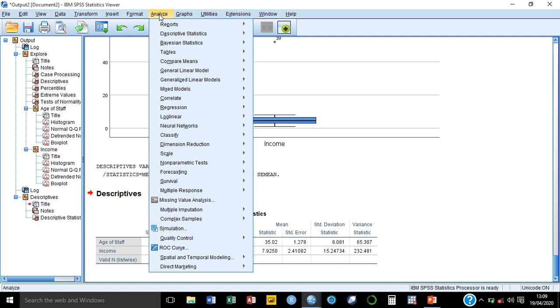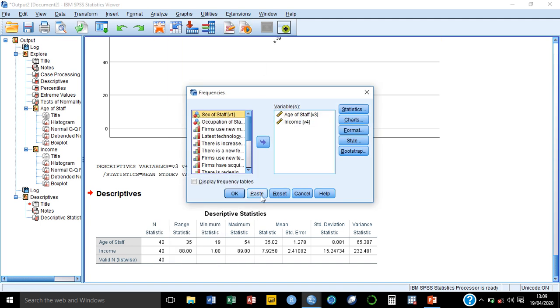But because most times we deal with categorical variables, let me reset this. I use frequencies most for my descriptives. When you're trying to do your descriptives, it's advisable not to bring two types of data together, the scale and any other type of variable.